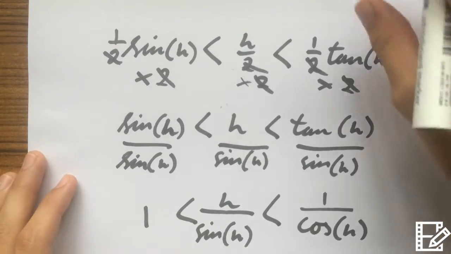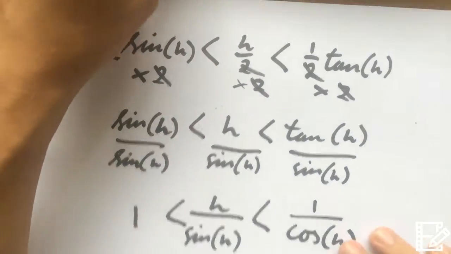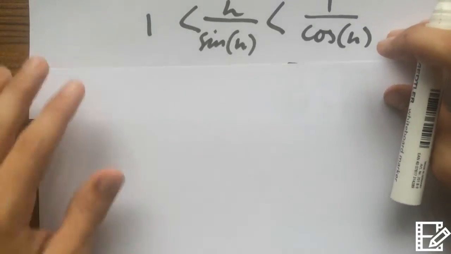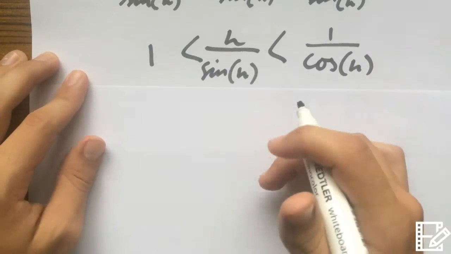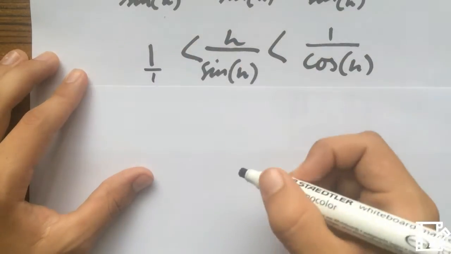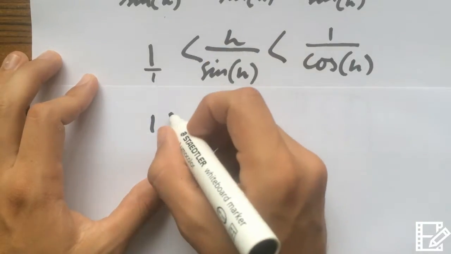Okay. I'll grab another sheet of paper. So we're going to flip this. That's already 1 over 1. When you flip 1 over 1, you just get 1. Now we're going to flip this sign around.